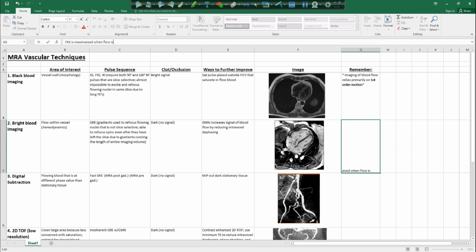It's going to be perpendicular, because parallel would give us saturation, perpendicular gives us flow-related enhancement. Okay, so that's another thing to remember.